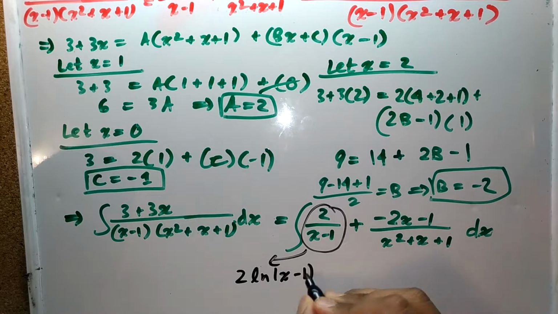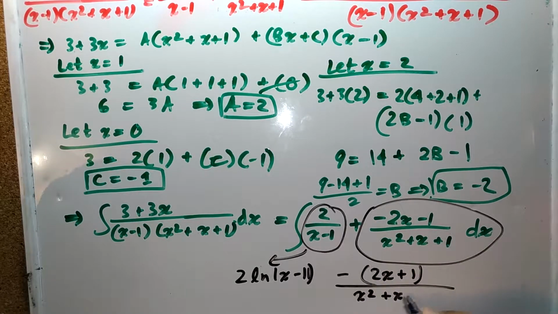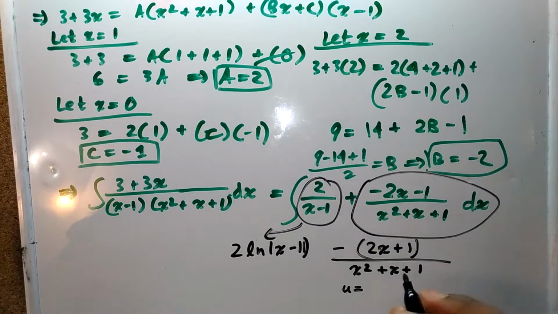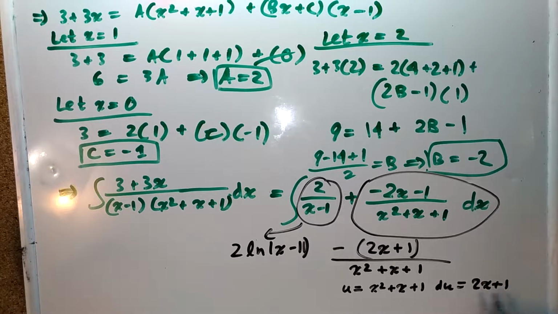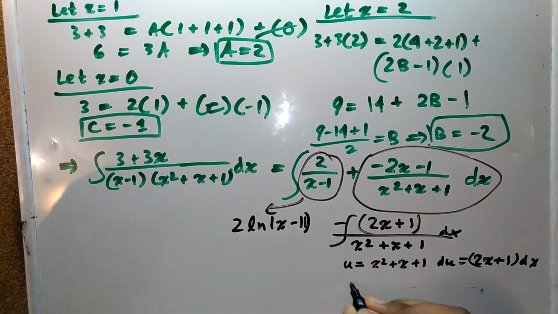The second one you can also do by inspection, but I'll do a u-sub for this actually. So I'm going to pull out the negative first, and then I'm going to let u equal x squared plus x plus 1, and du is just going to be (2x plus 1) dx. You can tell obviously that we're just going to have the integral of 1 over u, and then we're going to get some sort of ln.